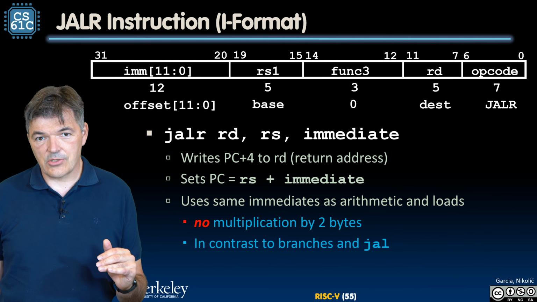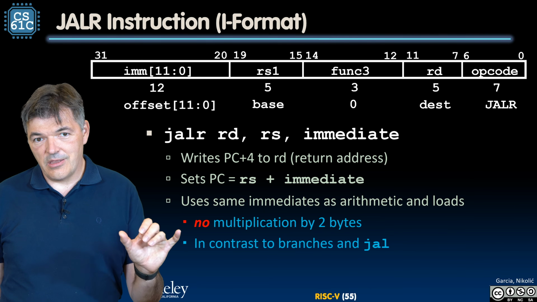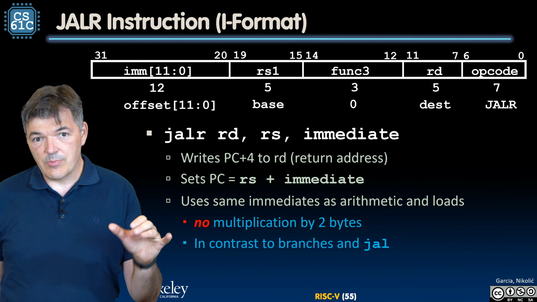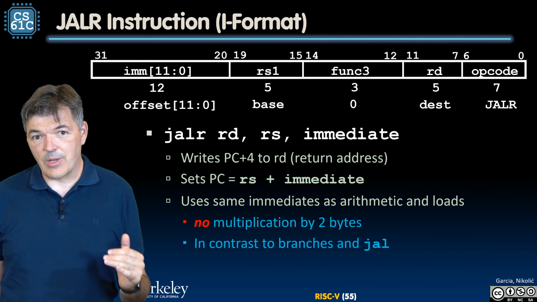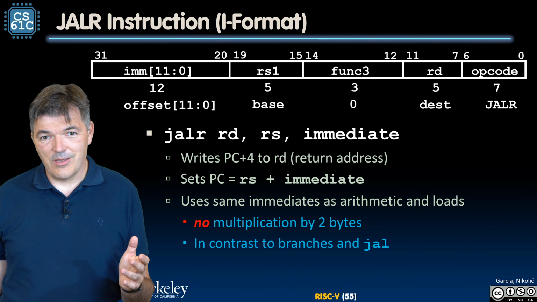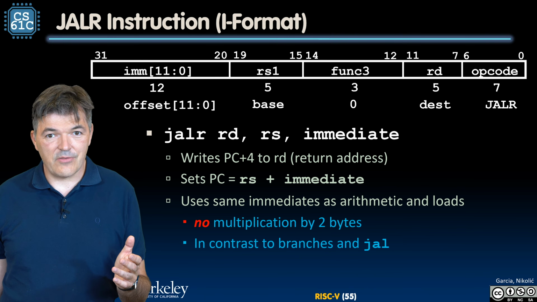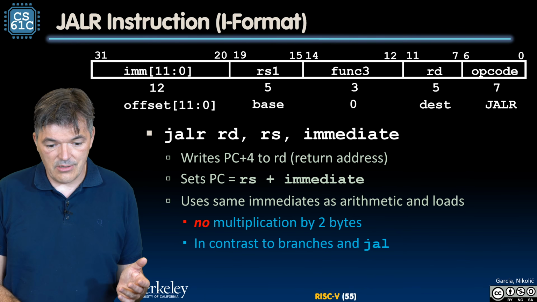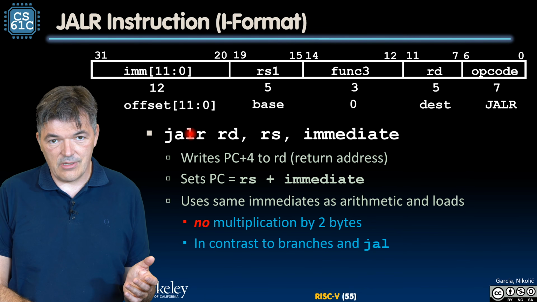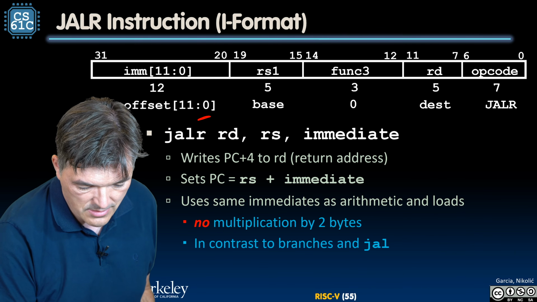Another important distinction. Immediates here are not like in Jal and in branches, because we are using the I immediate format. We can't just assume that the least significant bit is 0. It is there in the instruction, it is specified in the offset. It is right there.